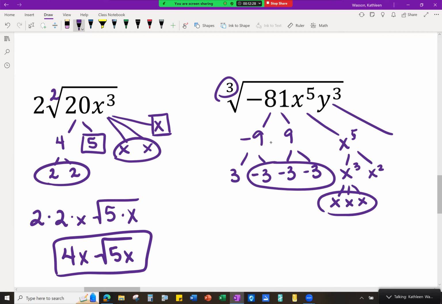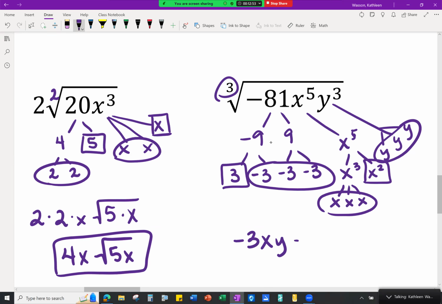Y to the 3rd is y times itself 3 times. So I can make a group of 3 y's as well. What stayed behind is a positive 3 and an x squared. Those will remain under the radical. Simplified, I have negative 3 x y.